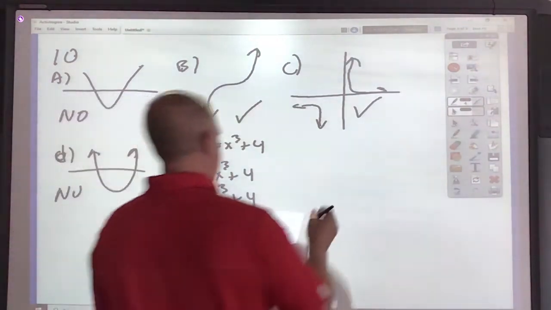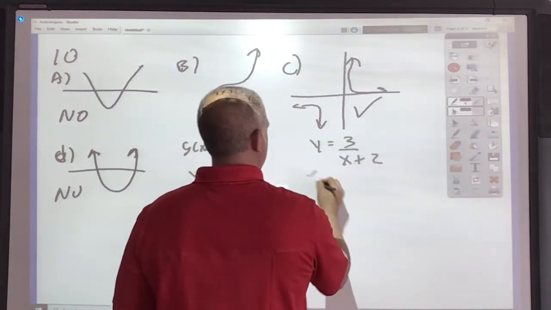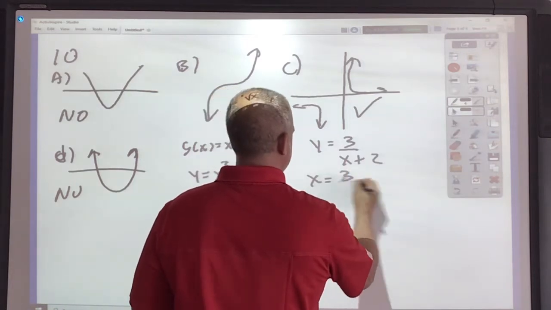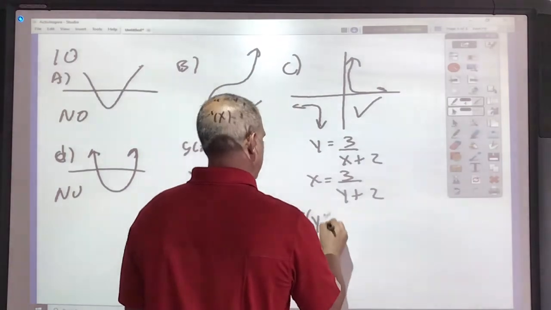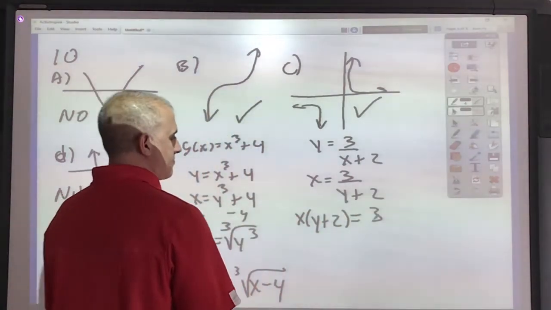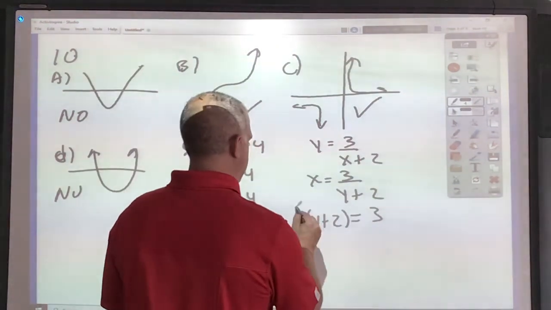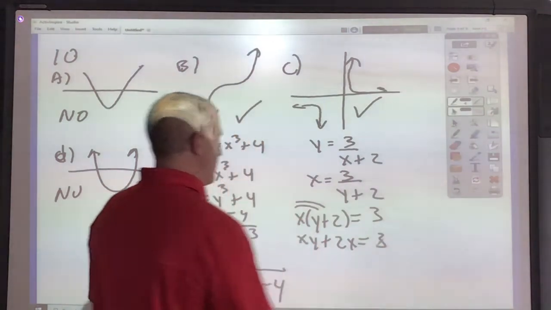This one is y equals 3 over x plus 2. Switch x and y. Okay, I'm going to cross multiply that up. Okay, all right. So I got, distribute that, that's xy plus 2x equals 3.